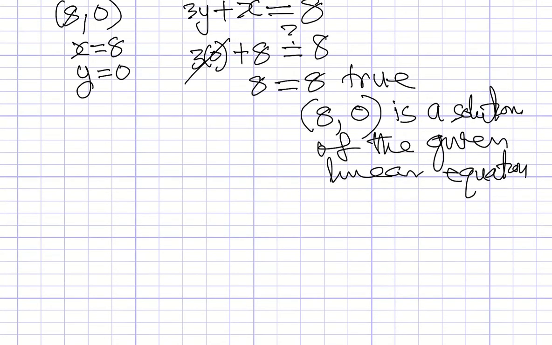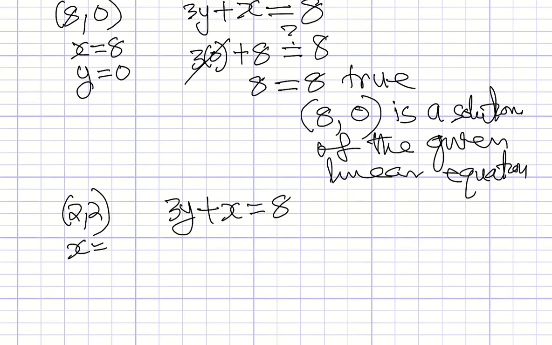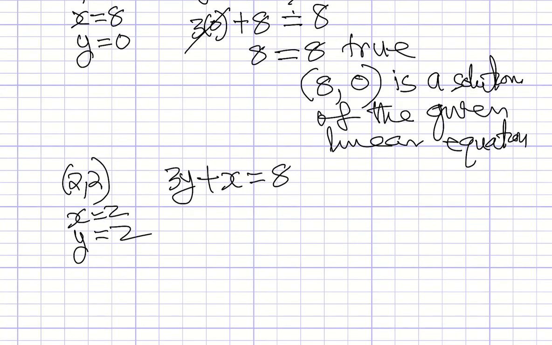So we'll have the ordered pair (2, 2), and we're given 3y plus x equals 8. This is x equals 2, y equals 2. You put it in the given equation. What do you get?